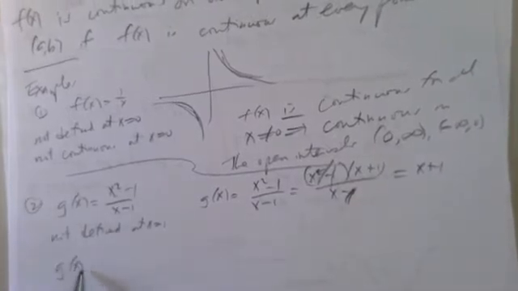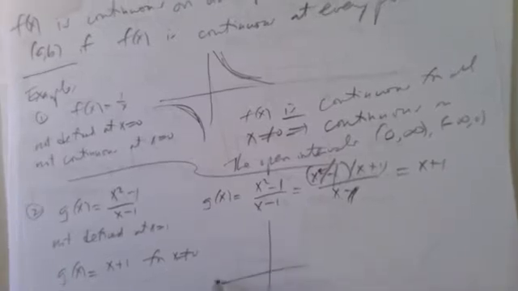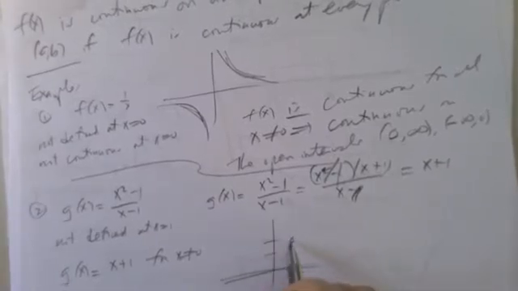So g of x is in fact equal to x plus 1 for x not equal to 1. So the graph of this function looks like this. It's just the straight line, y equals x plus 1, only it's not defined when x equals 1.